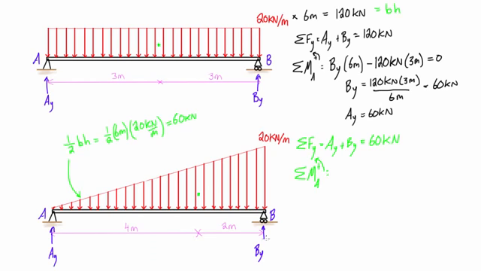We're going to have BY causing that positive moment, because it would have the tendency to rotate in that counterclockwise direction. So we have BY times the distance, which is 6 meters.